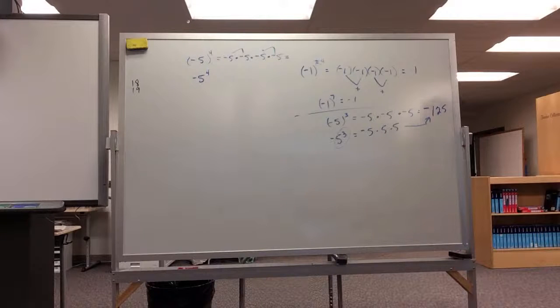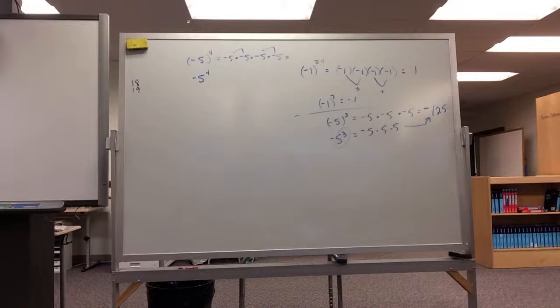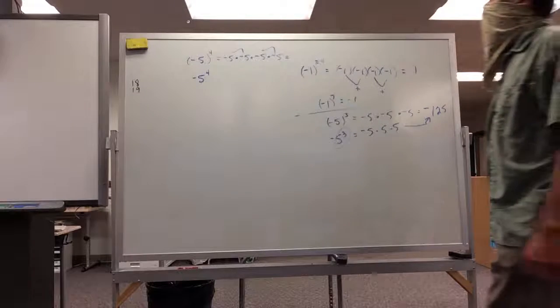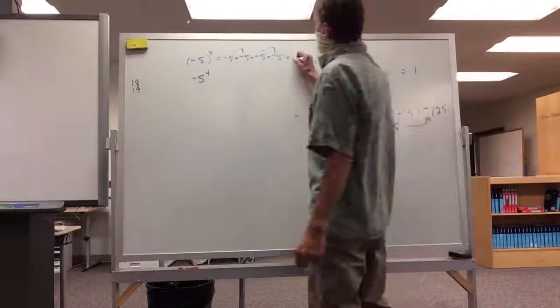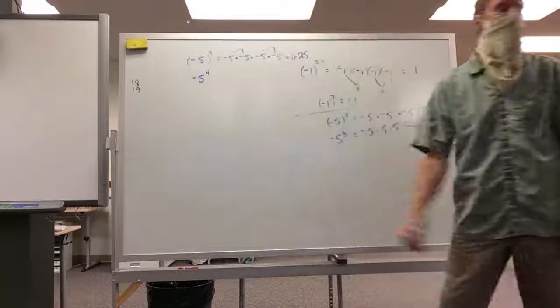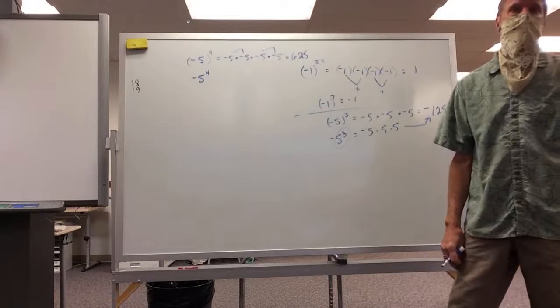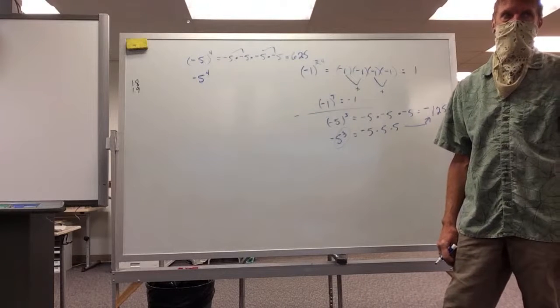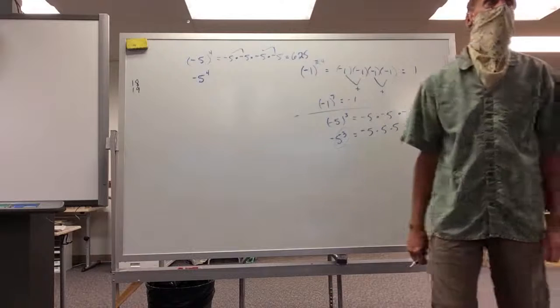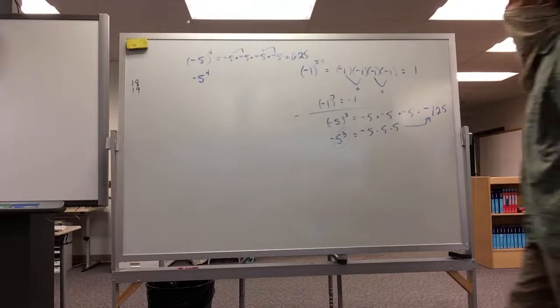You can try to think about this too. 25 quarters, how much money would you have? $6.25. Yeah, so that's 625. 5 squared is 25, and then 25 squared is 625. So squares up to 15 are good to know, and then 20 squared is 400, and 25 squared is 625.